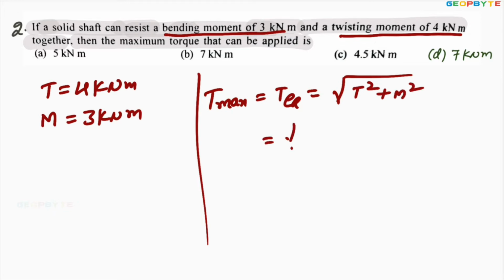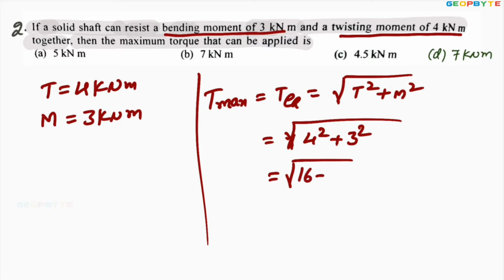It is equal to root under 4 square plus 3 square, which is root over 16 plus 9. 16 plus 9 equals 25. Root over 25 is the answer. Root over 25 equals 5 kilonewton meter. The equivalent torque or maximum torque equals 5 kilonewton meter.